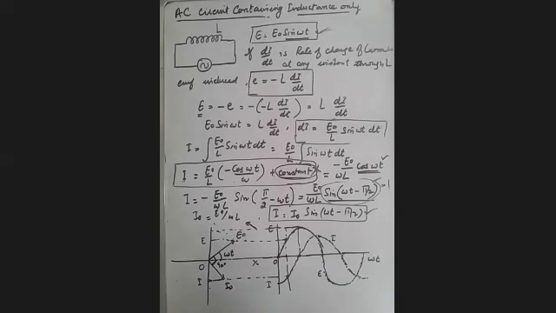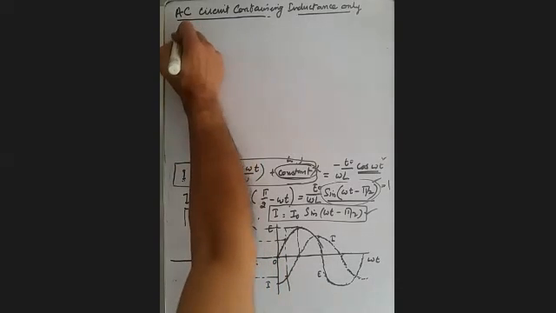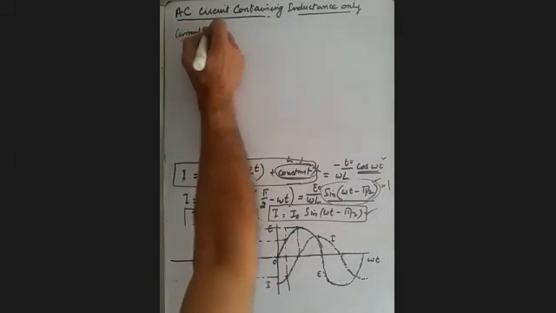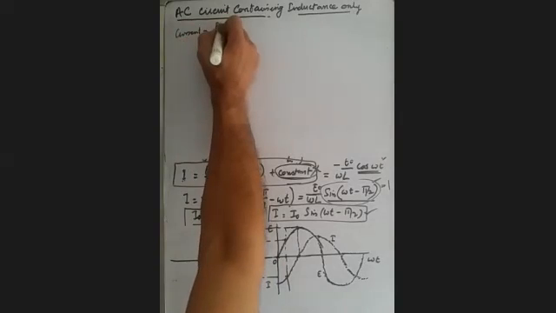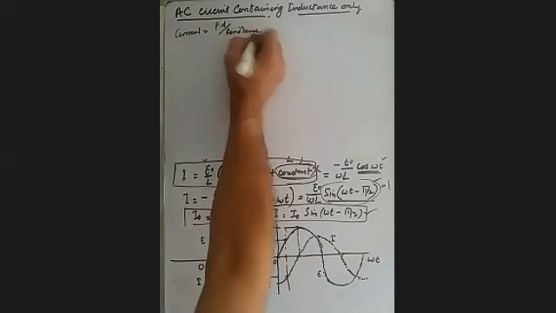Now let us discuss this value of omega L. Again, compare this with Ohm's law. Ohm's law: current is equal to potential difference or voltage divided by resistance. So resistance limits the current.